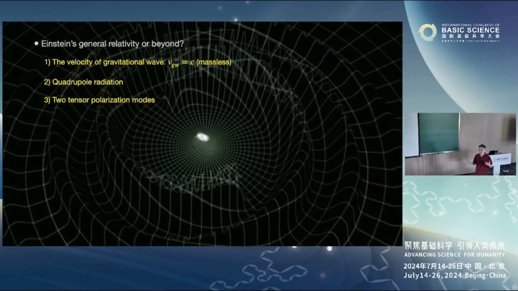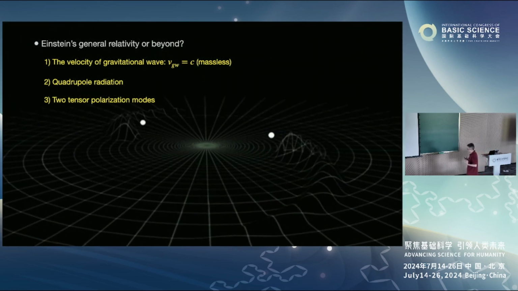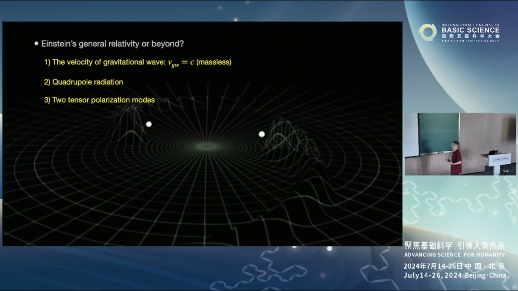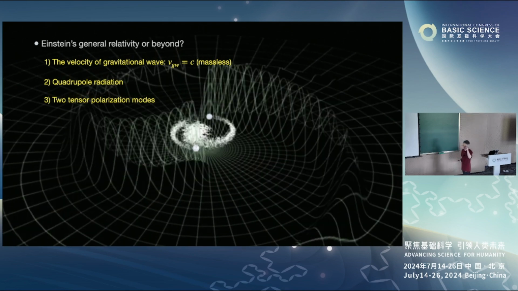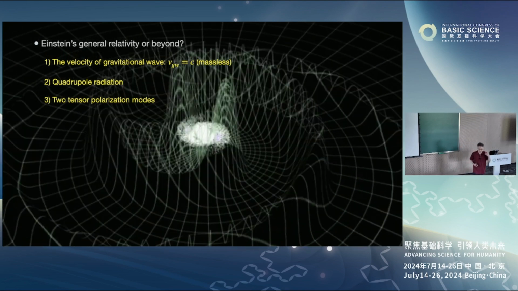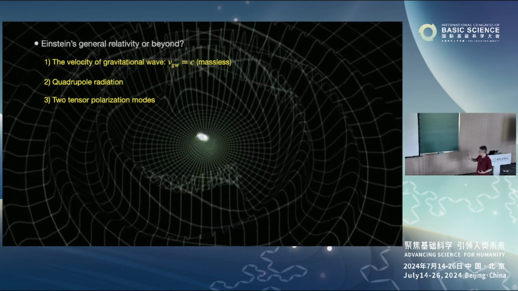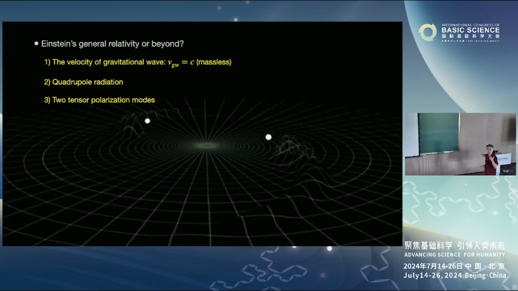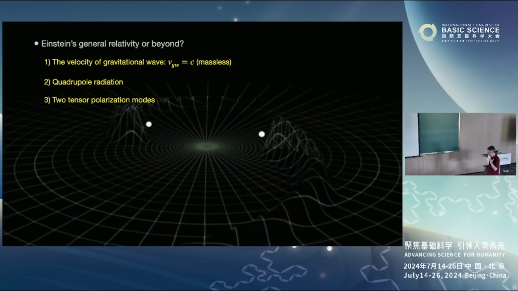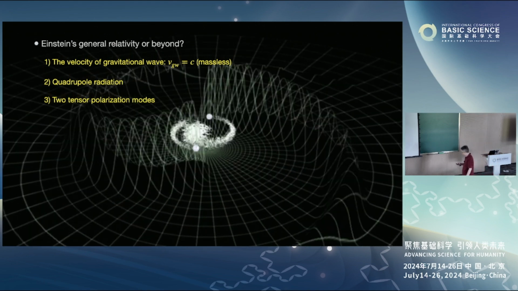So since these two very successful theories are not compatible, we have to modify at least one of them, right? But we do not know whether we should modify gravity or modify quantum mechanics. But now we try to use the new observation data to check whether we need to go beyond general relativity or not.